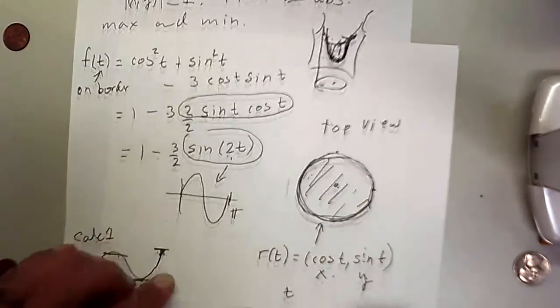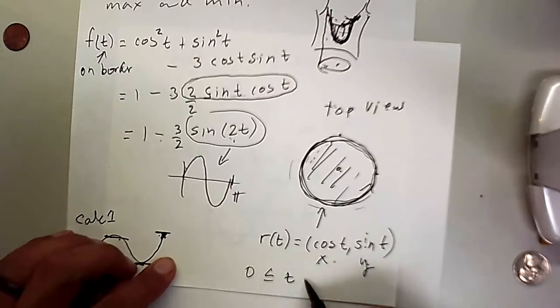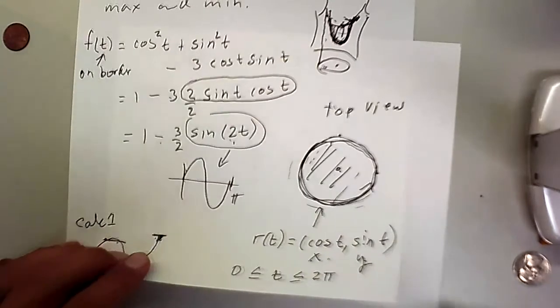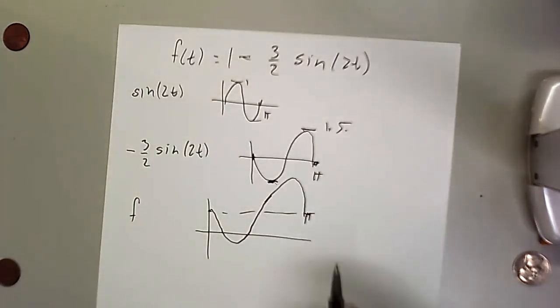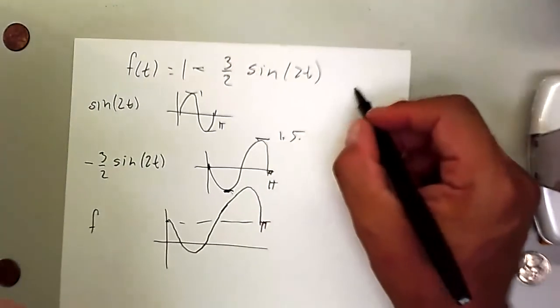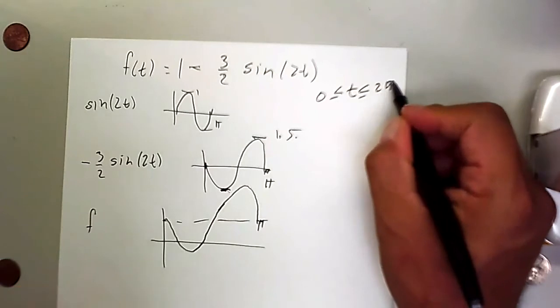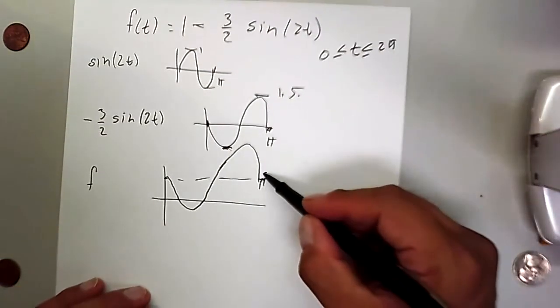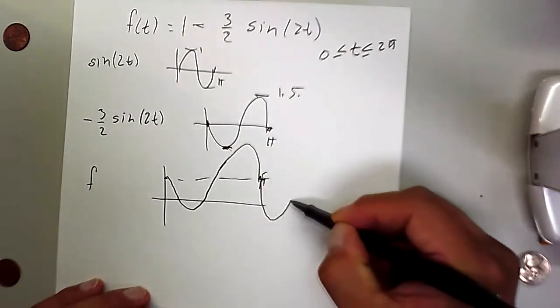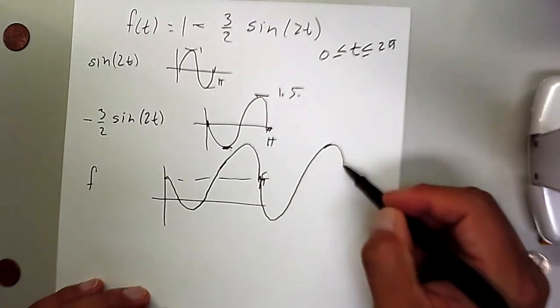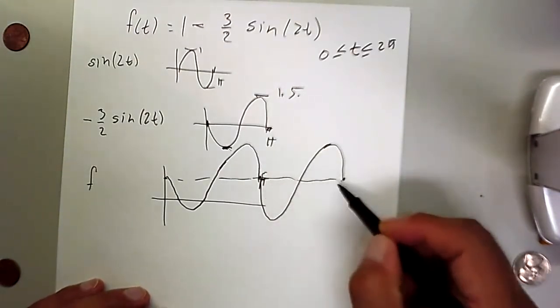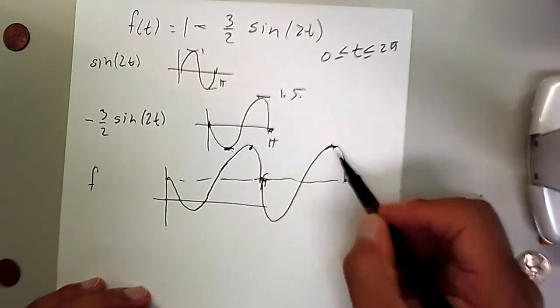So t goes from 0 to 2 pi. And that means that here, t also goes from 0 to 2 pi, which means that this is going to cycle again and come back to this point. So we're going to achieve the maximum.